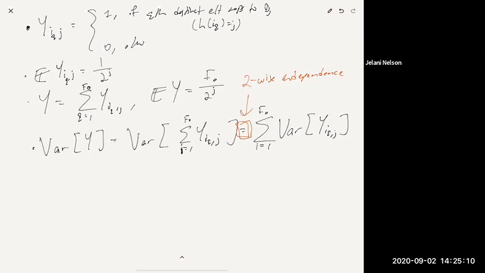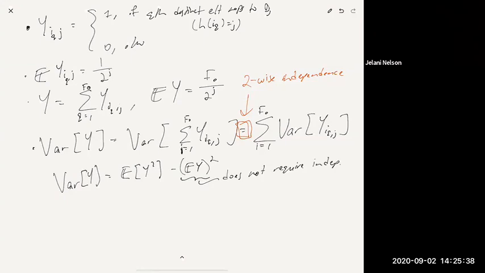And why is that? Just recall that the variance of y is equal to the expectation of y squared minus the expectation of y, squared. By linearity of expectation, this does not require independence to calculate. What about this? You can expand it.